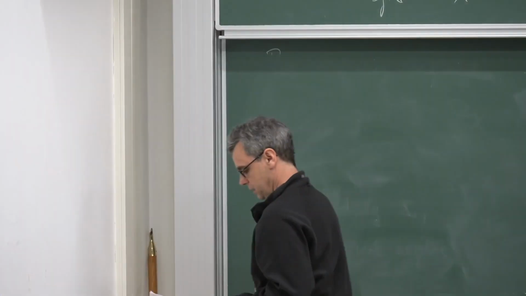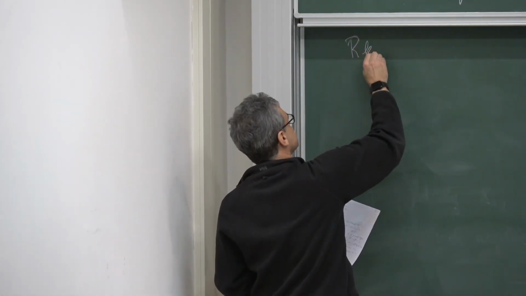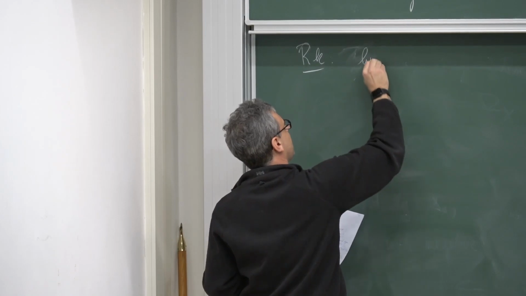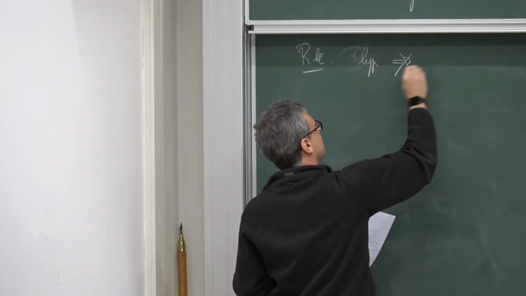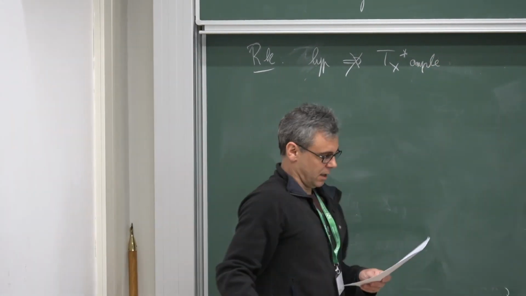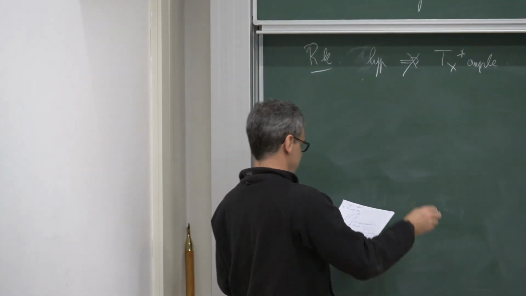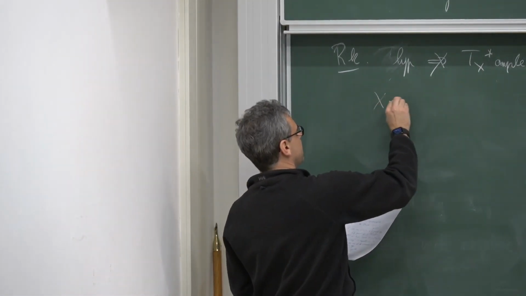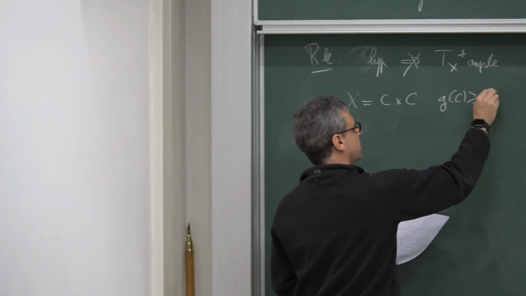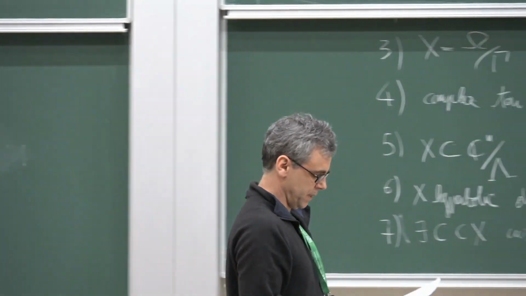So this is certainly not a good algebraic characterization of hyperbolicity, so just take a product. This is hyperbolic, and this does not have ample cotangent bundle.